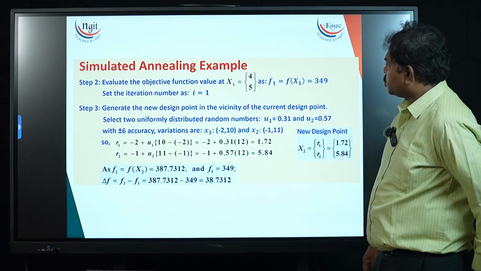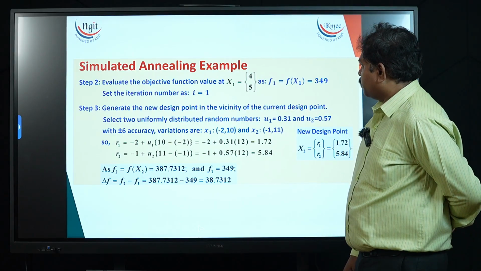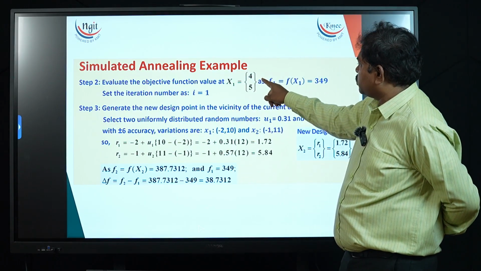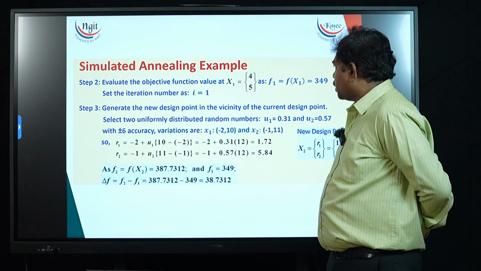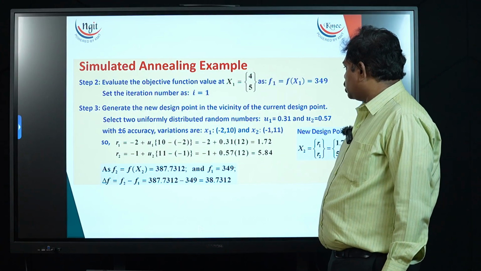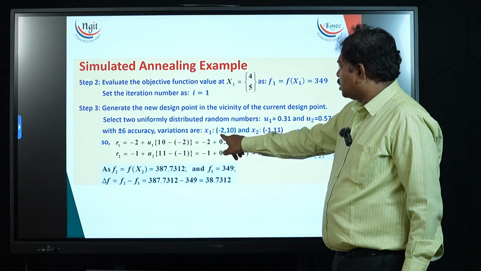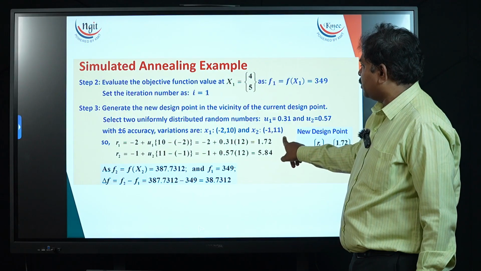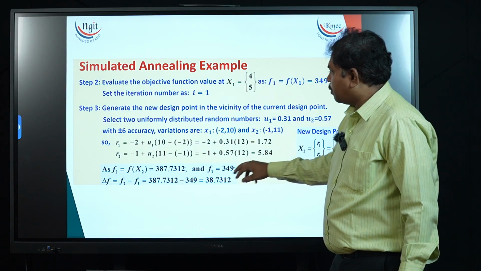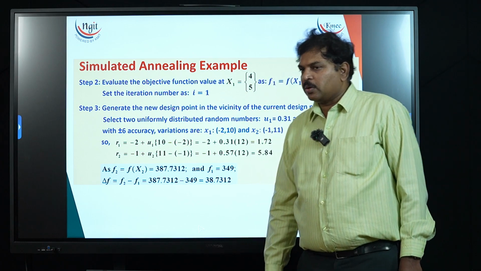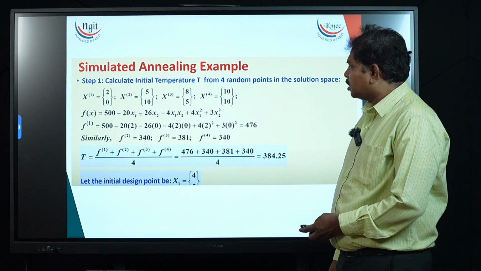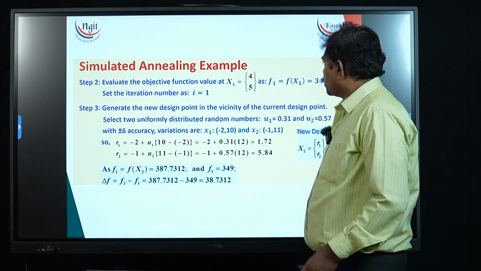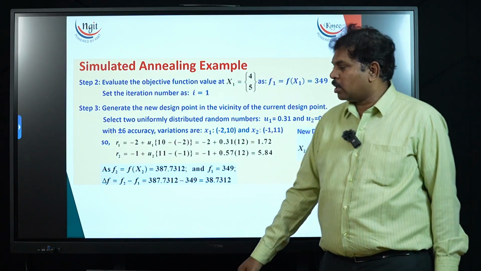I make small changes to these values 4 and 5 with plus or minus 6 accuracy, so x1 falls between -2 and 10 and x2 between -1 and 11. Why plus or minus 6 accuracy? Because within these values they have already given 4 and 5. After that, this much accuracy we have to work out.